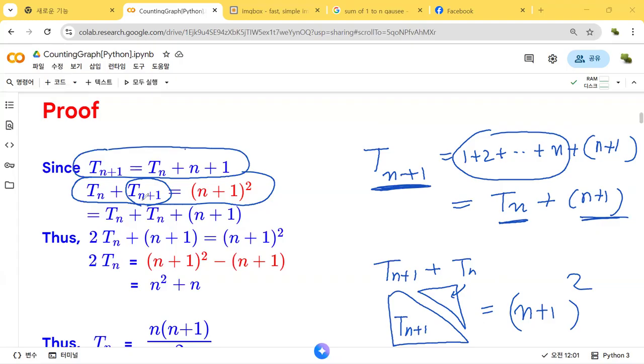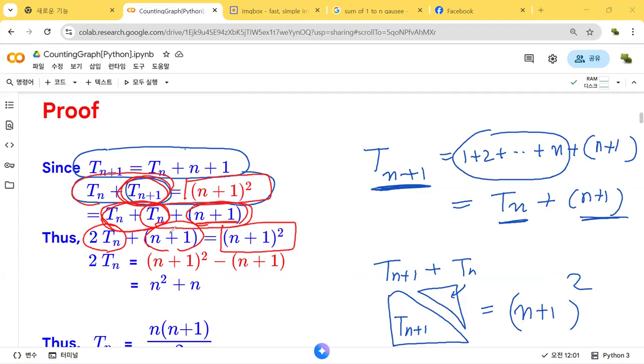Tn plus 1 is just Tn plus n plus 1. So the sum of these two, Tn plus n plus 1, is n plus 1 squared. Okay, because the sum of those two is n plus 1 squared.